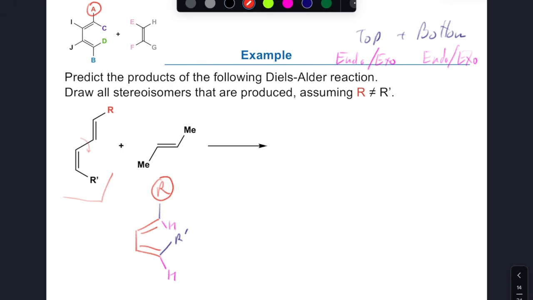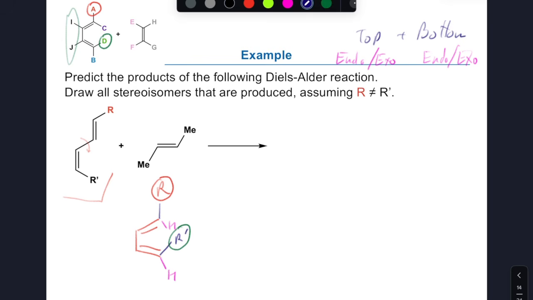And this R prime is actually in this position of this D, where right there, that's my B group. And there's nothing back here and here, that's my I and J. So that's what I'm saying is, according to my template, I'm really only using this A position and this D position right now.